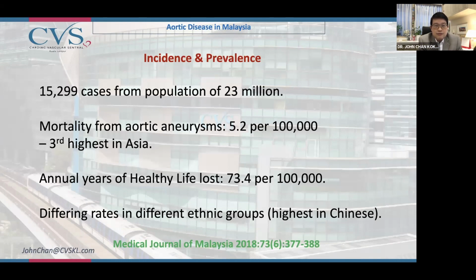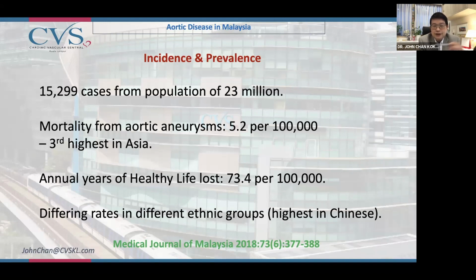There are roughly about 15,000 cases of aortic diseases in Malaysia from a population of 23 million. And the mortality from this is 5.2 per 100,000. So it is not as high as, say, coronary artery disease, but it is the third highest in Asia. And the annual years of healthy life loss is 73 per 100,000.